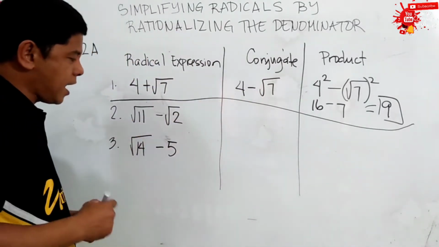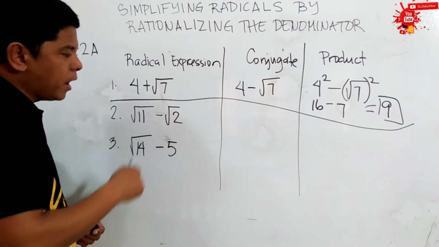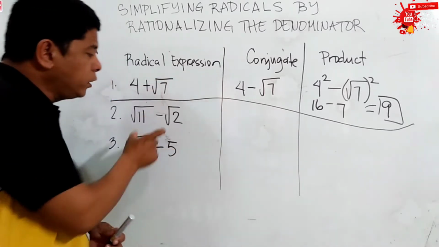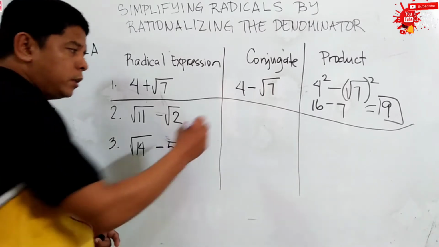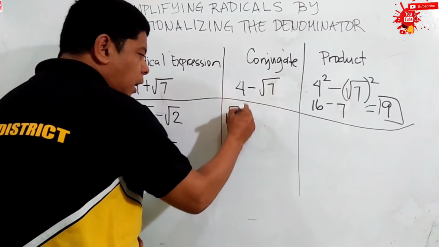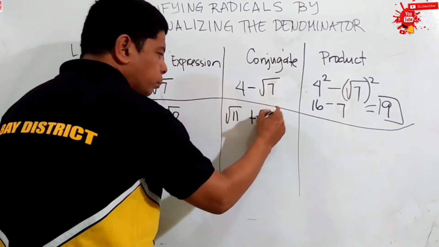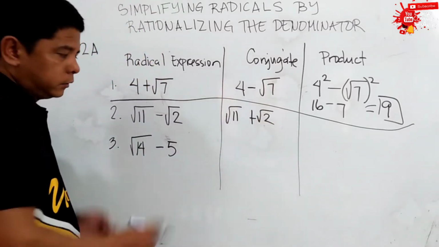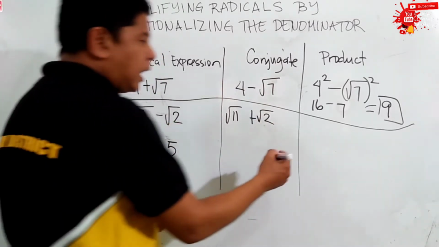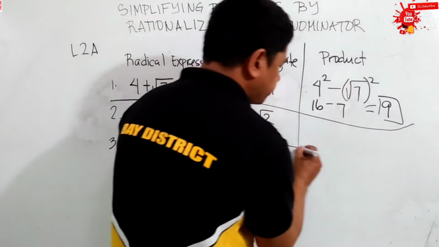Okay, tuloy natin yan. Square root of 11 minus square root of 2. Ano ang ka-conjugate niyan? So, we have square root of 11 plus square root of 2. Dahil madali sila, madali lang natin makukuha yan.